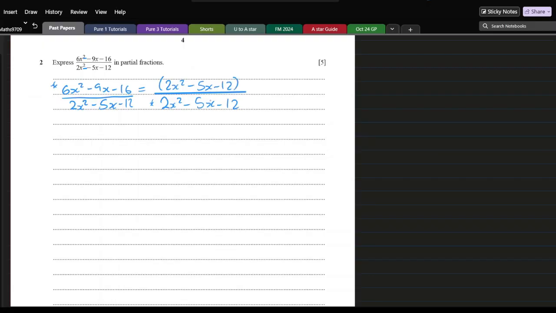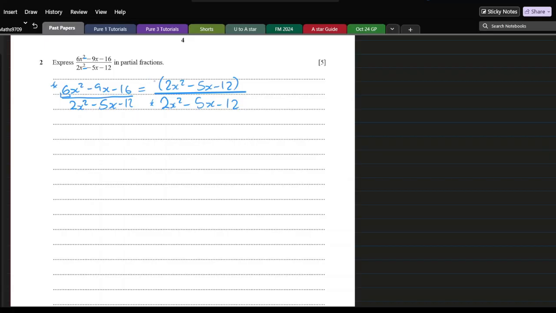Now our goal is to make this numerator equal to the numerator we have on the left. So we start by looking at the coefficient of the term with the highest power, and we need to find a number we can multiply the bracket by to get that 6.